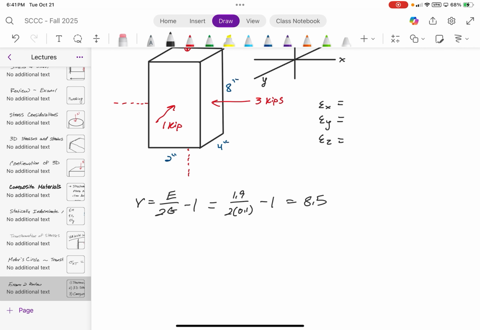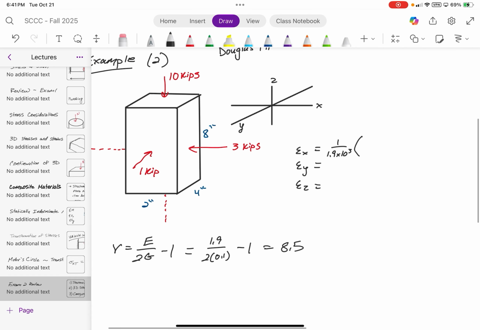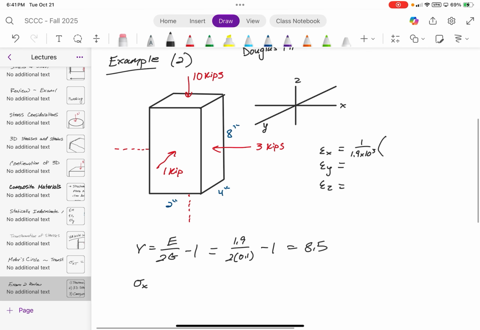All right. So epsilon x, you would just get 1 over 1.9 times 10 to the 3 times sigma x, which you need to calculate. That's going to be negative 10 divided by 2 times 4.